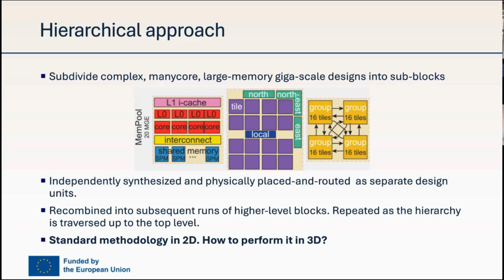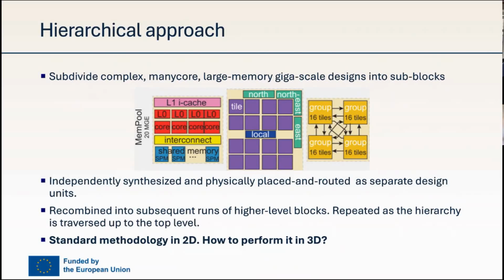When we check what is in every group, you will see that this group is composed of 16 tiles of multi-core processors with some local interconnect, and then additional connections in the north and the east with the other tiles. If we now zoom into the tile, you will see that the tile is a complex 4-core system with L0 cache, L1 cache, interconnect, shared memory, and so on and so forth.